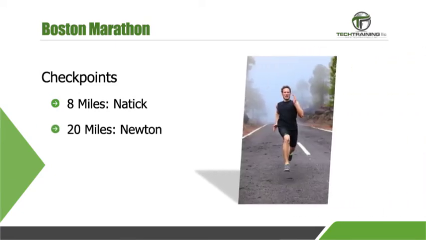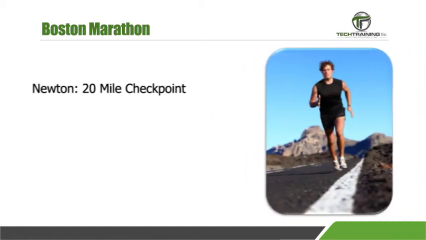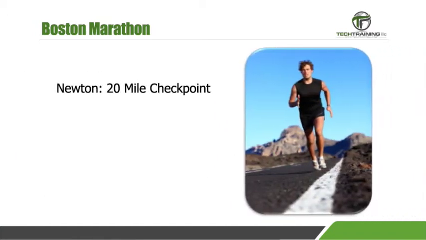As Charlie cruises through Natick, you check the time and it's 40 minutes. Charlie is running a perfect 12-mile-per-hour pace. The team is excited. For Charlie to maintain the 12-mile-per-hour pace, he should pass through Newton at 1 hour 40 minutes.